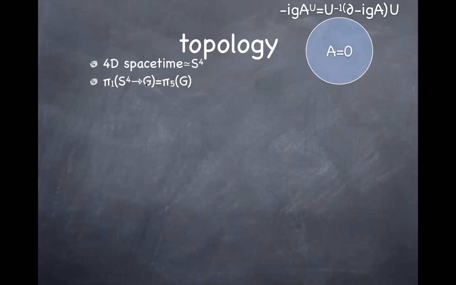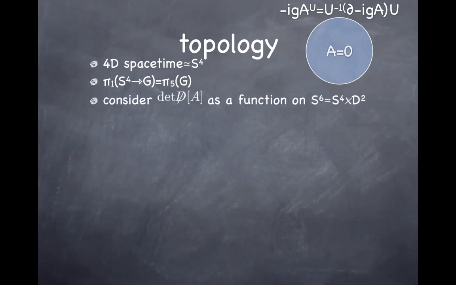Therefore, this loop can be classified according to the higher homotopy group of a four-dimensional sphere going into the gauge group.